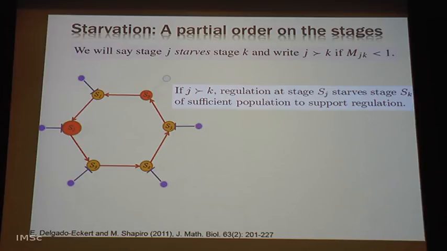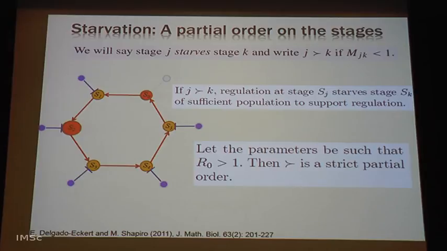And this, as it turns out from the analysis, is going to be an important feature of the equilibrium I was telling you about. So when you have this situation, you have that stage J is bigger than stage K according to this condition here. So the regulation of stage J starves stage K of sufficient population to support regulation. So what does that mean?